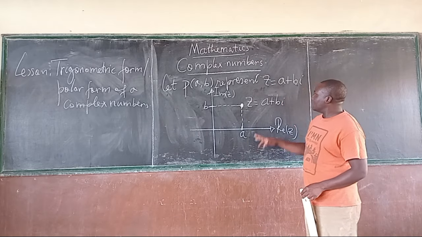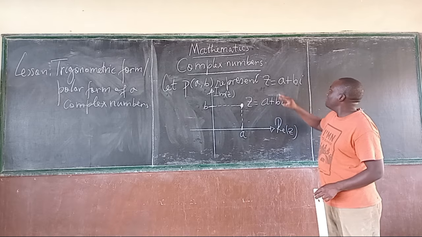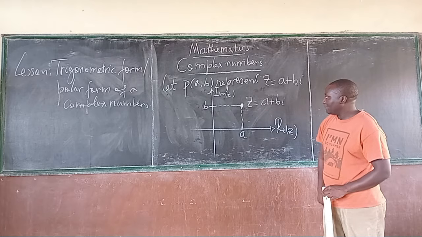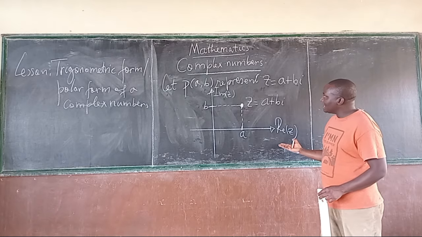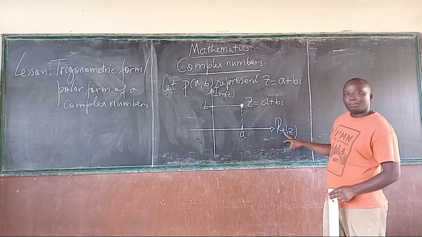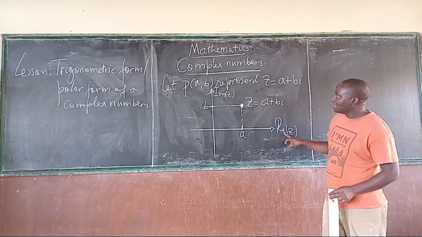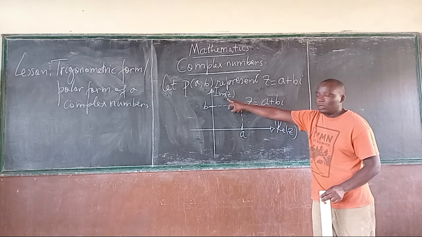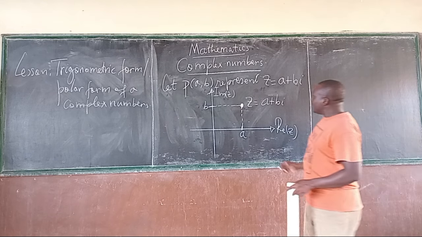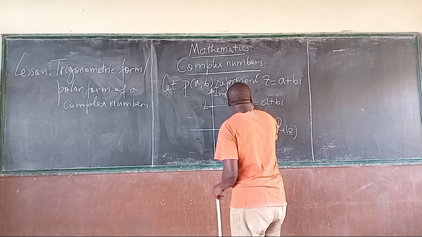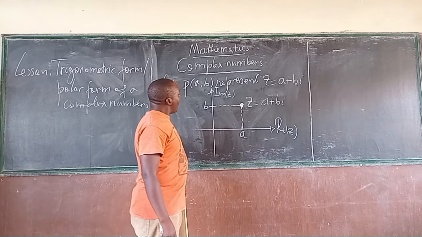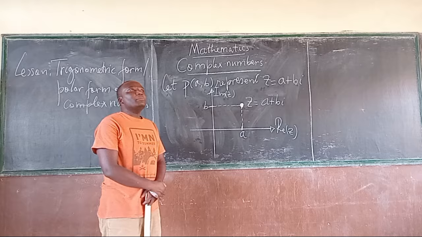Teachers, as you see, I represented my given complex number on an Argand diagram. Simply, an Argand diagram is like an XY plane, where you put the real part on the x-axis and the imaginary part on the y-axis.